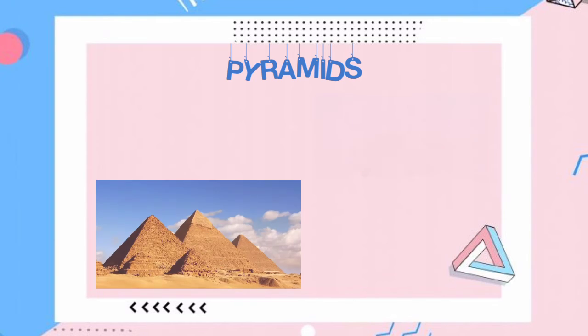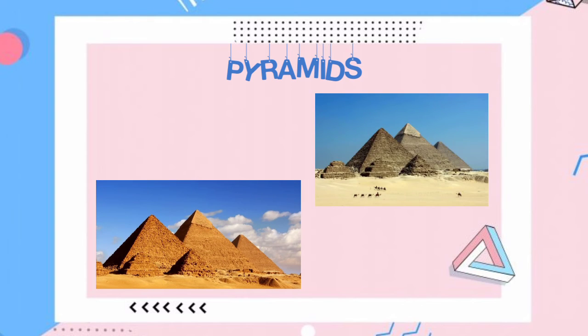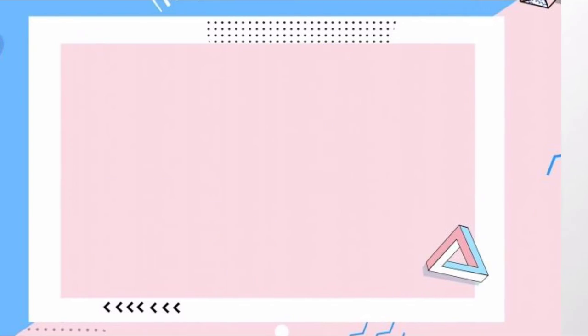Now, we discuss the next material, the surface area and volume of pyramids. When we think of pyramids, we think of the Great Pyramids of Egypt. They are actually square pyramids because their base is a square.